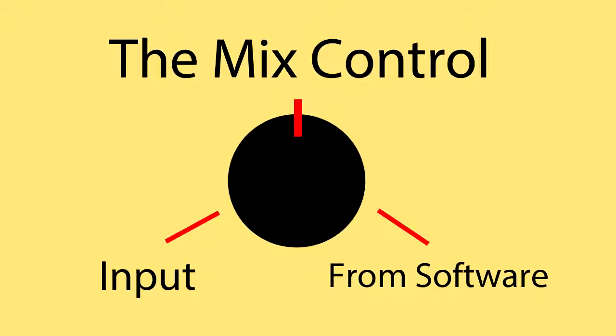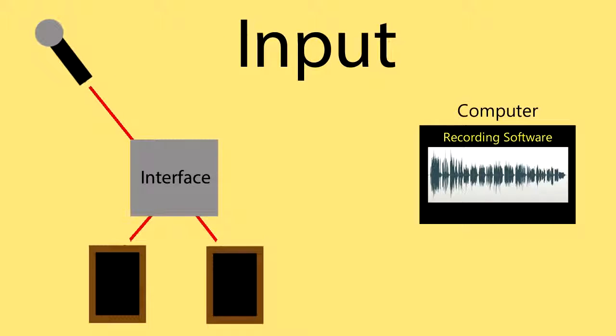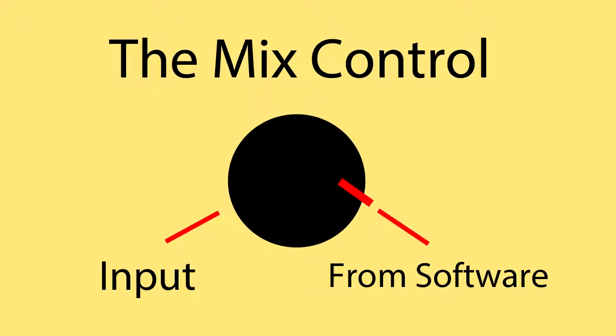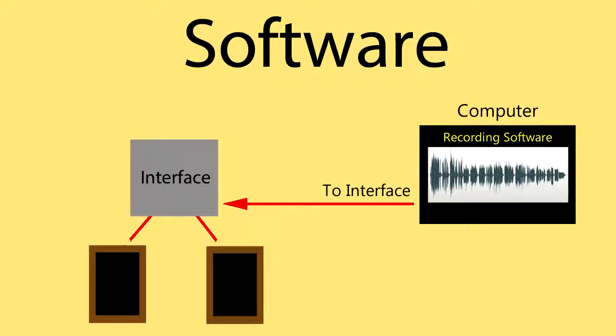Let's talk a little more about the mix control knob. With the mix control knob turned all the way to the left, to input, you will hear 100% of the signal coming from the microphone or instrument. With the mix control turned all the way to the right, you will hear 100% of the signal coming from the computer or software.